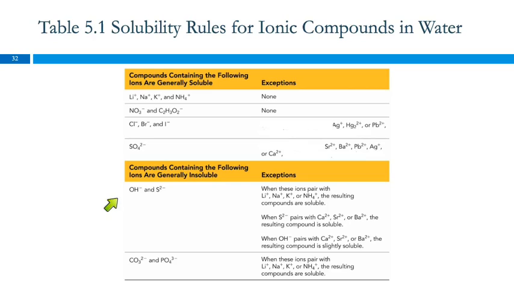Down here, hydroxide compounds are generally insoluble, except when they're paired with one of these. If you have sodium hydroxide and you use the table correctly, you start up here, you see sodium, it's soluble, no exceptions, you're done. You're never going to get down there. So we can just get rid of that. We don't need that at all.